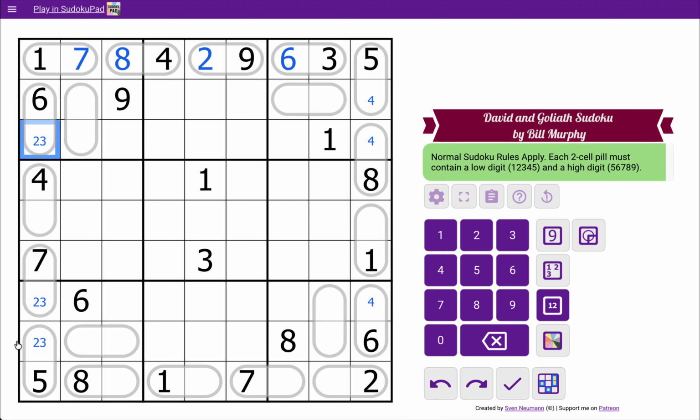So 8's not going to be here, and 9 isn't going to be here. Well, 8's not going to be here, but 9 could be there. 8's not going to be here because of the 7. It's not going to be here, so 8 can only be here. Yeah, 8's the only one. That's the only place it can go.